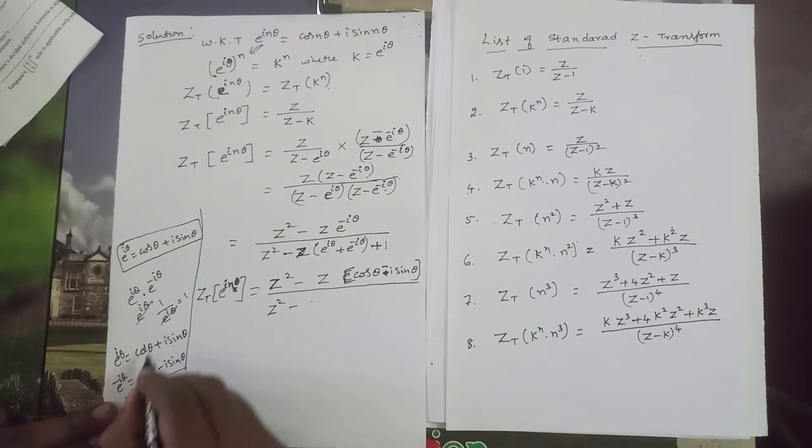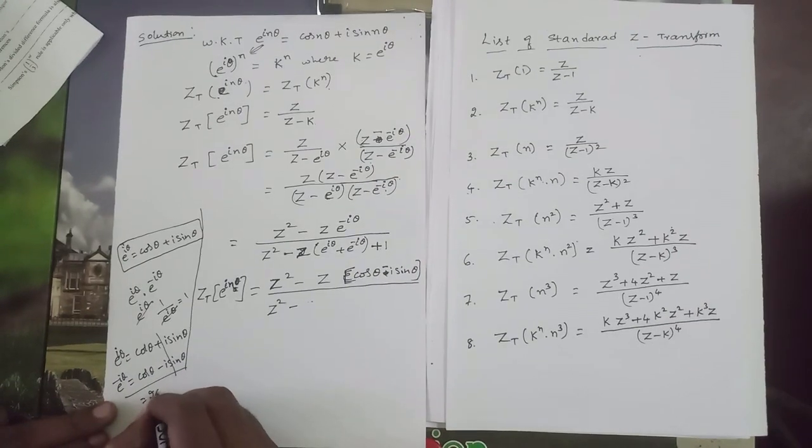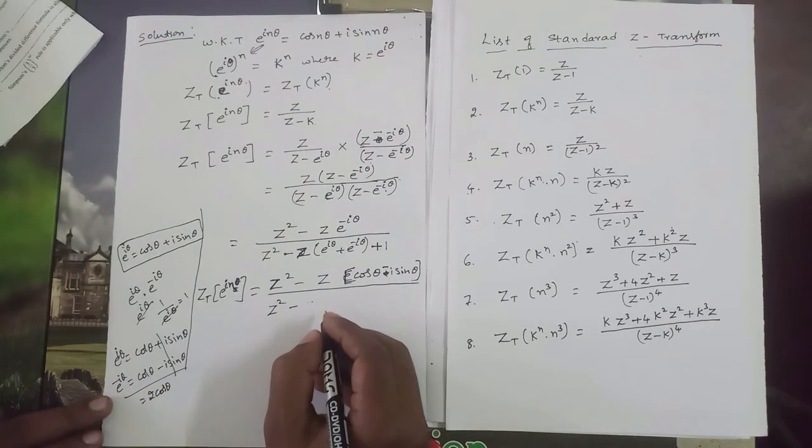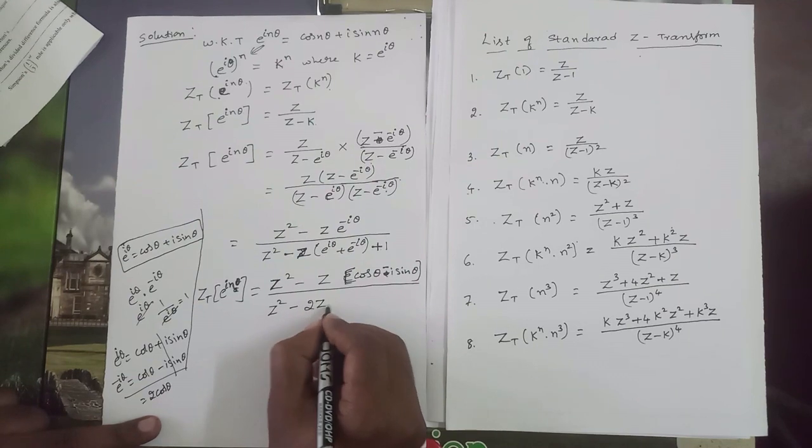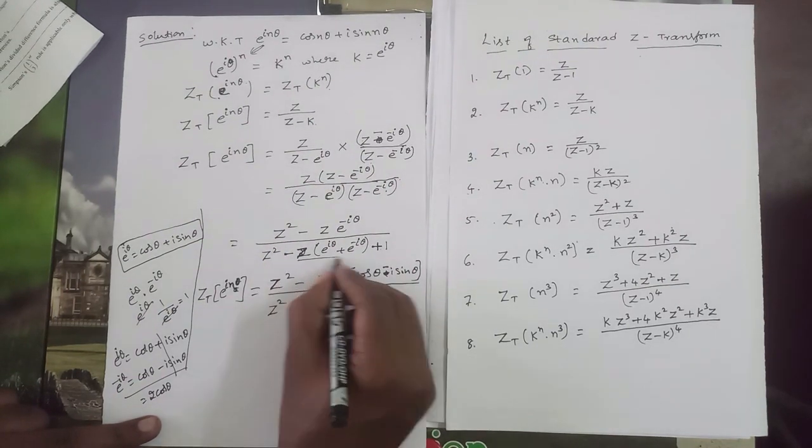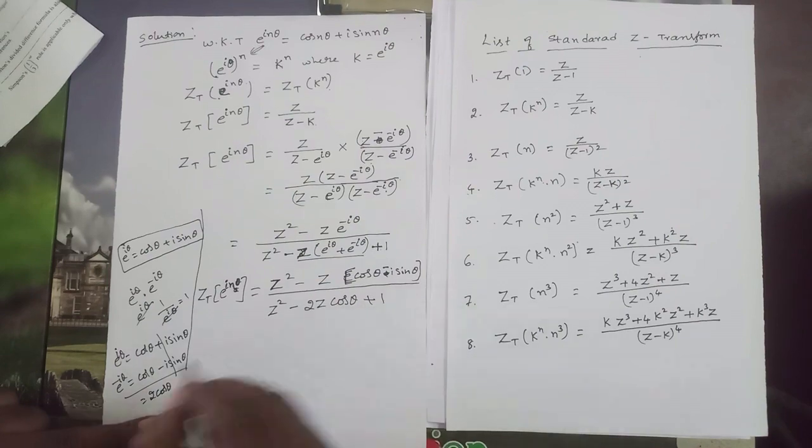If you add these two, the sine terms get cancelled, you get 2 cos θ. So I will write directly 2z into cos θ, and here plus 1.